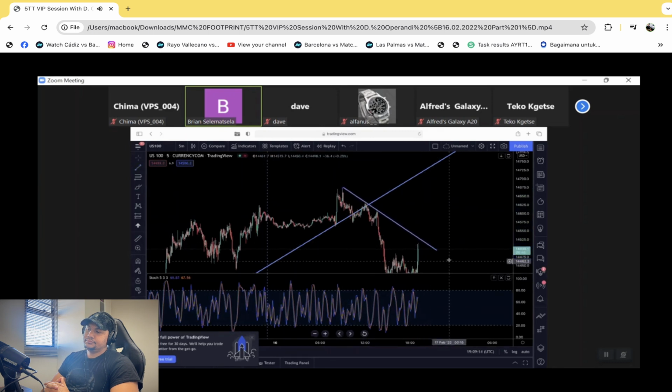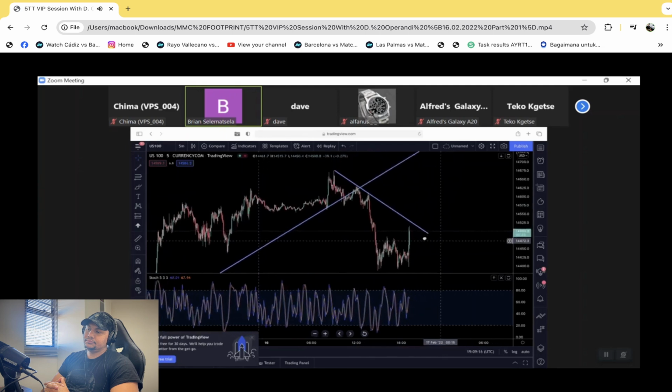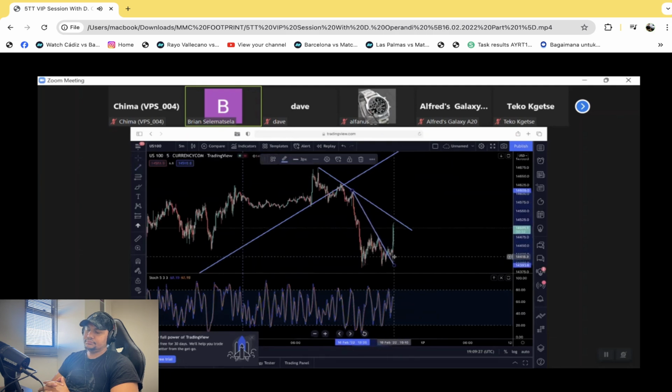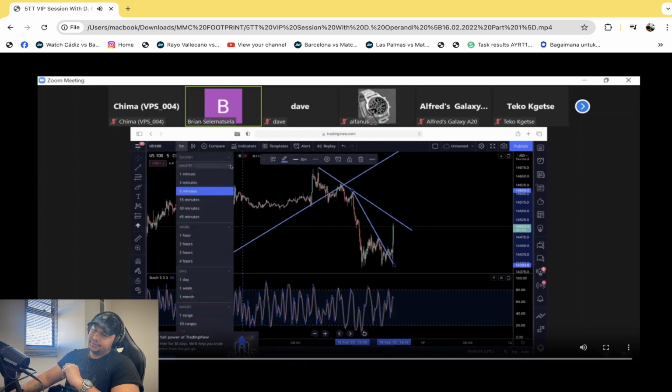So in this case, some could have used that one as a footprint, and some could have used that one as a first layer. And if you would have used that one as a first layer.